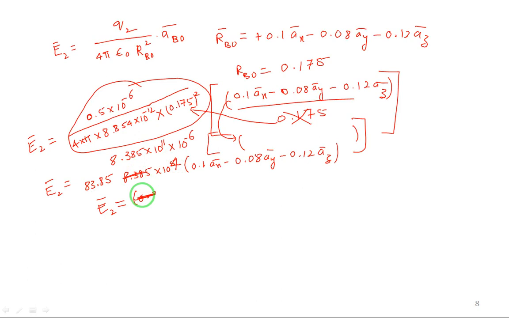83.85 into 0.1 first term, so I am getting 8.385 AX, then minus second one, so 83.85 into 0.08, write down what you are getting, 6.708 AY, then you multiply 83.85 into minus will be there anyhow, 0.12, so minus as it is, 10.062 into 10 power 4.